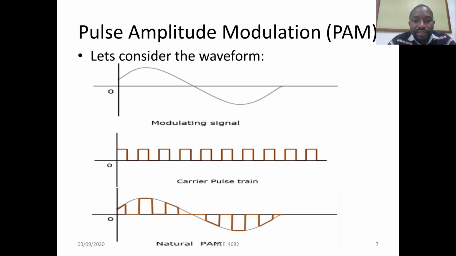And when the 2 meet in the modulator, you will notice for natural PAM, this follows the shape of the modulating signal, and the amplitude of the carrier will be varying in accordance with the modulating signal. You'll notice here that the frequency of the carrier remains the same. What is changing basically is the amplitude of the pulse train or carrier signal.